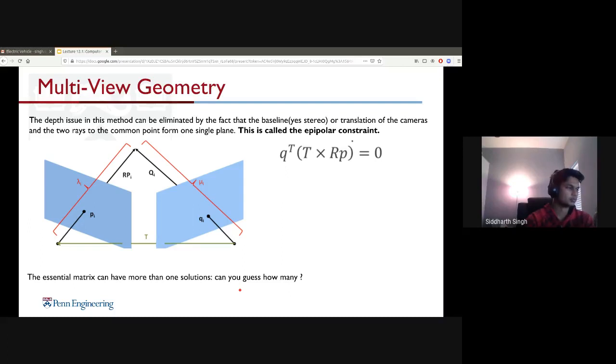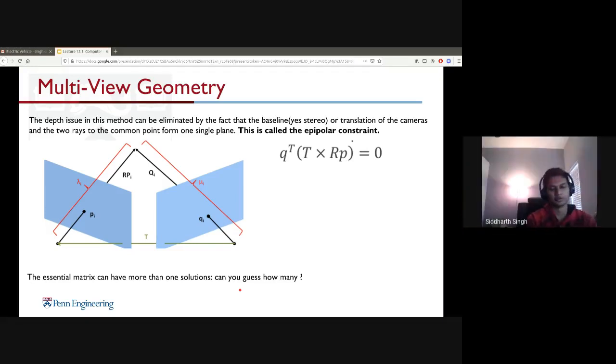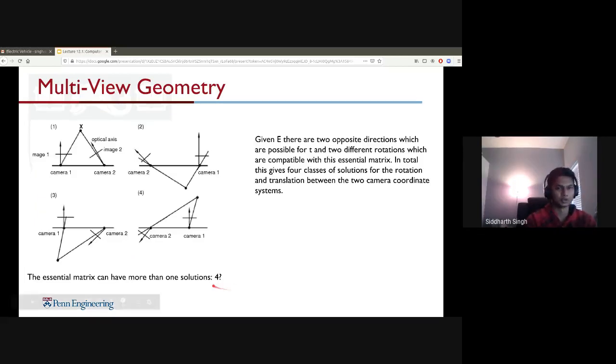Something more similar to this. I think there'll be four because, like, if you consider all the combinations of the points being in front of or behind both the frames. Yeah, perfect, that's what it actually is.